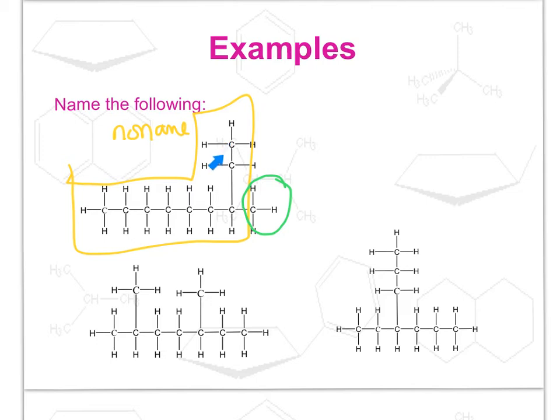Start from here, because if we start from here, you go 1, 2, 3, it'll be carbon number 3 that the branch is attached to. If I started here, I'd go 1, 2, 3, 4, 5, 6, 7. It'll be on carbon number 7. So 3 is much better than 7, and so I should have numbered this as 1, 2, 3, 4, 5, 6, 7, 8, 9. So my branch is coming off of number 3.